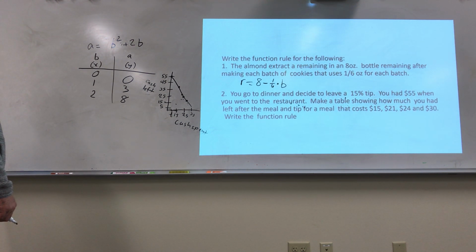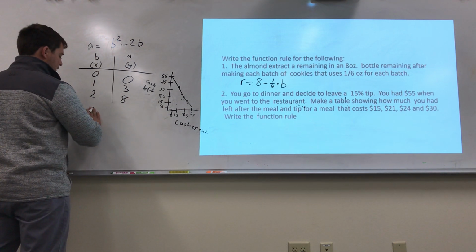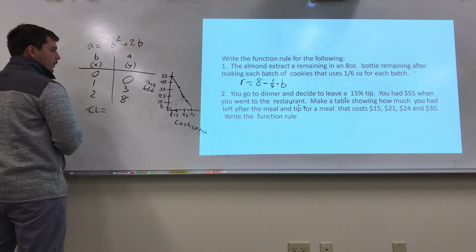Now, we were basically using the function rule the whole time. Left over, we were always finding that by taking, CL is what I'm going to use, cash left over.